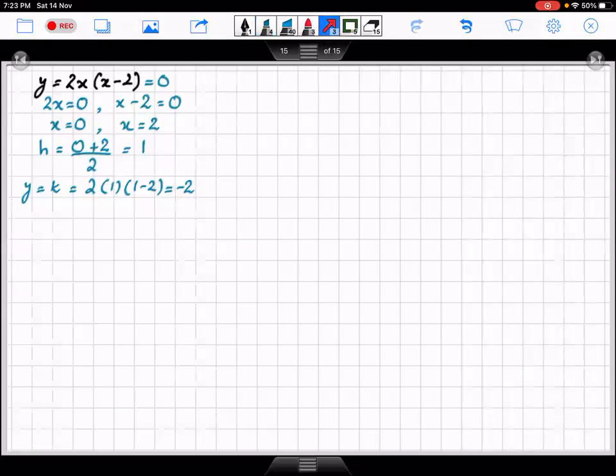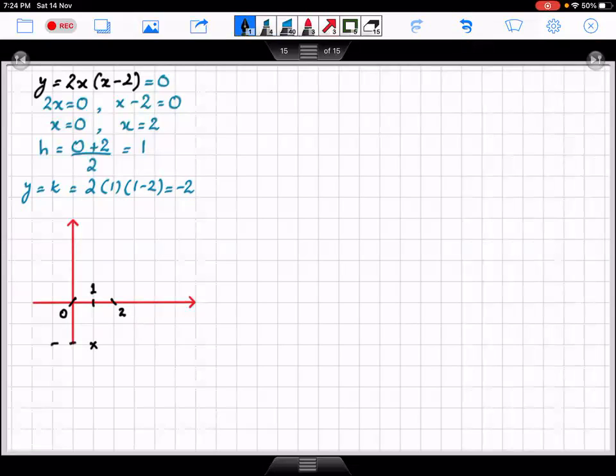So now to sketch it, I know the value of x and I know the vertex point as well. So the graph should be cutting at 0 and 2. So let's say this is 0 and this is 2, while my vertex point should be at 1, minus 2.